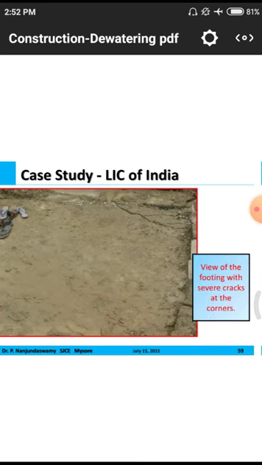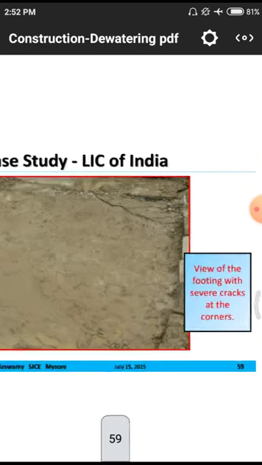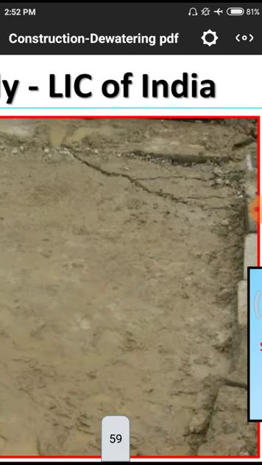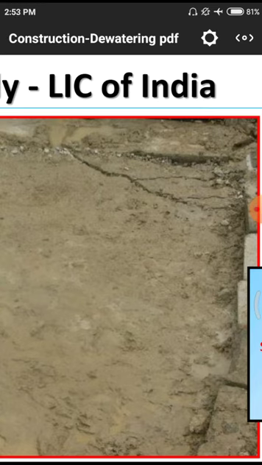And the view of the footing with severe cracks at the corners, that means at the edges. They are observing these cracks. When the total water is removed from the site itself, they have to face voids.